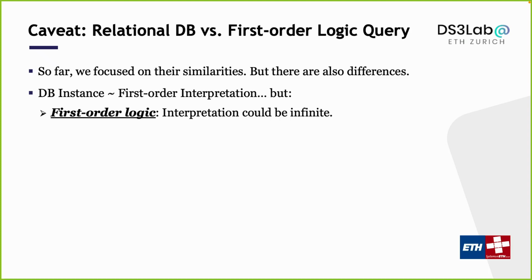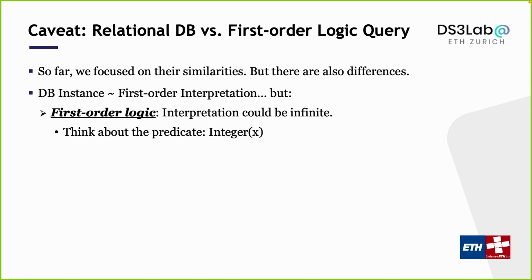The fundamental difference is this. If you look at a first-order logic formula, and if you go back to the definition of what a first-order interpretation is in mathematical logic, that thing could be infinite, right? You could have an infinite interpretation of your logic system.